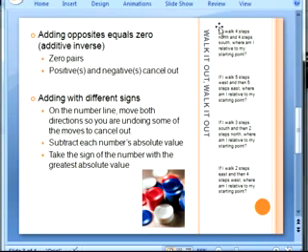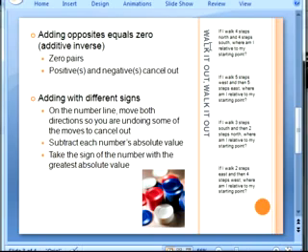Okay? Now let's talk about walking it out. If I walk 4 steps north and 4 steps south, where am I relative to my starting point? Well, I started at 0, and I'm walking up 4 steps north. That's a positive 4. And I walk back 4 steps south. Where am I? Well, I canceled myself out, so I ended up right back where I started.